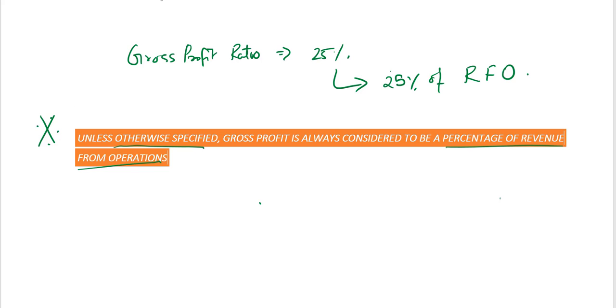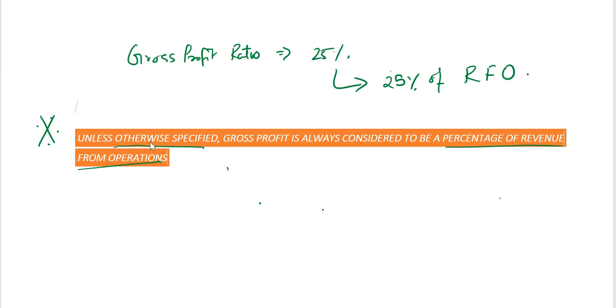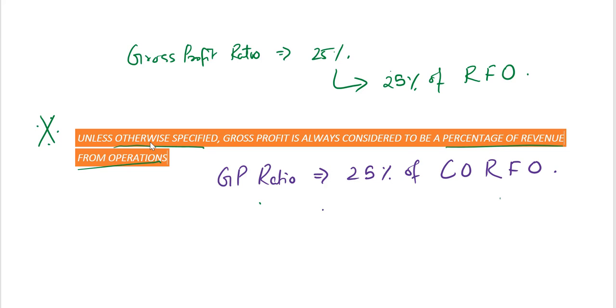Unless it's specifically mentioned that gross profit is 25% of cost of revenue from operations, if it's just given 25% or 25% of revenue from operations, then we'll consider it to be this.